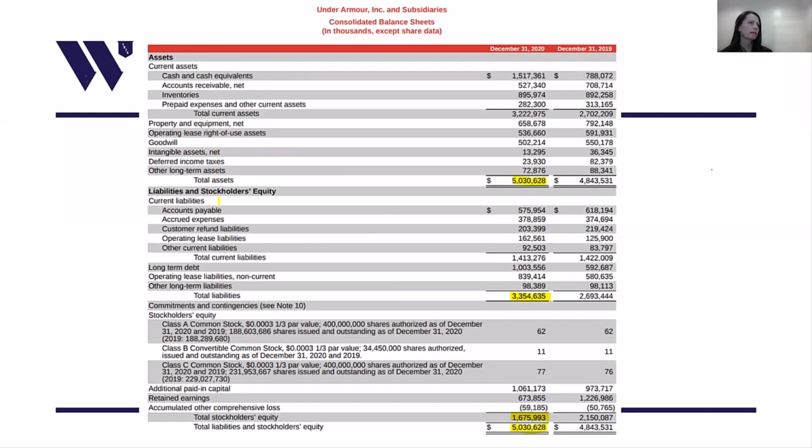Likewise, in their liabilities, we have more insight into the type of liabilities they have: accounts payable, some long-term debt, some lease debt. Down here in their stockholders' equity, we see that they have 3 different classes of common stock. So this is owners buying into the dream of Under Armour. So that is a more complete, detailed balance sheet.